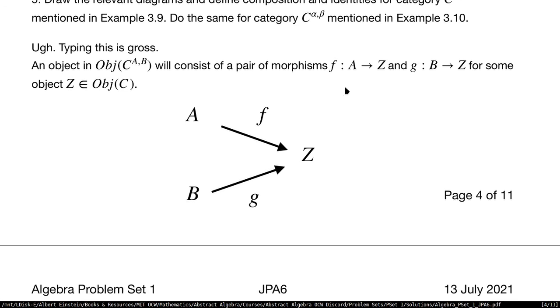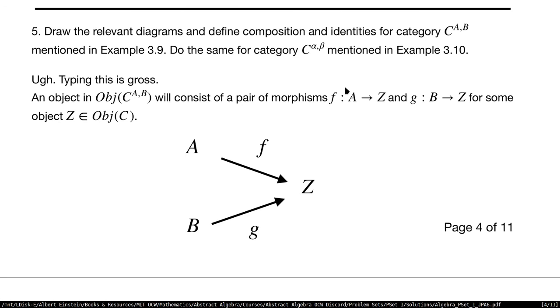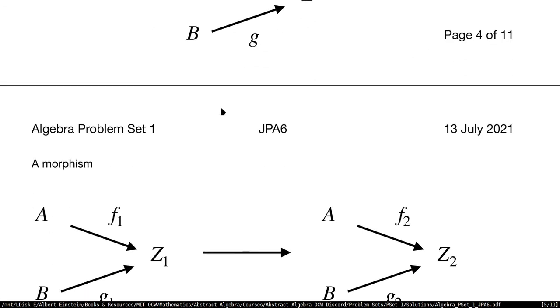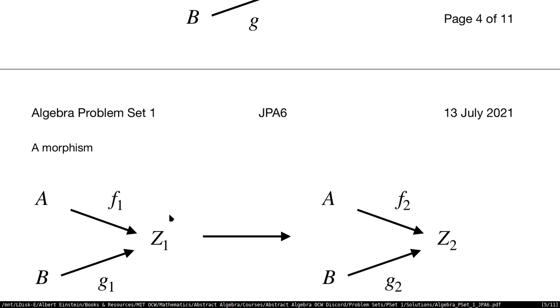So yeah, let's see the diagrams. An object in CAB will consist of a pair of morphisms, F and G, from A to Z and B to Z, for some other object Z in C. Then you have a morphism between these two different diagrams.